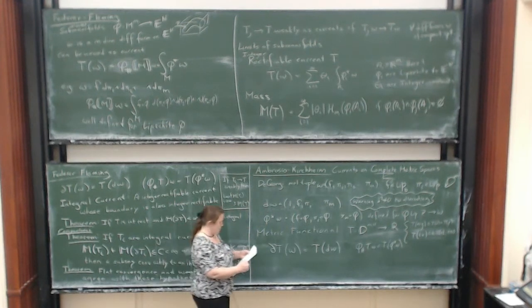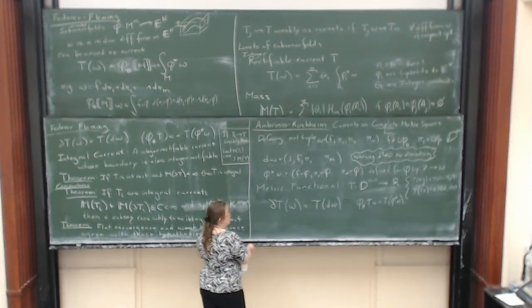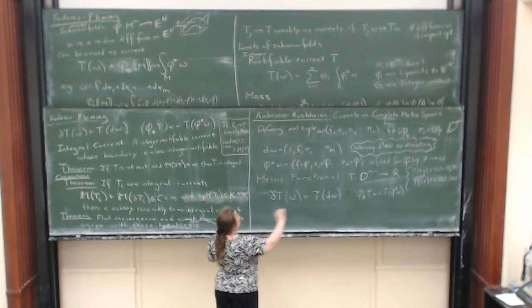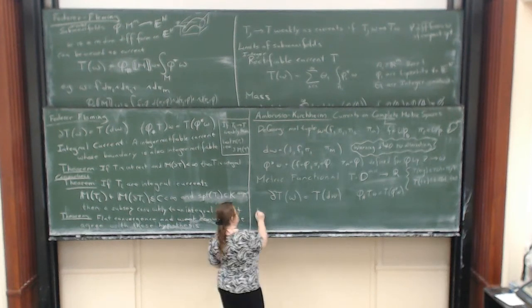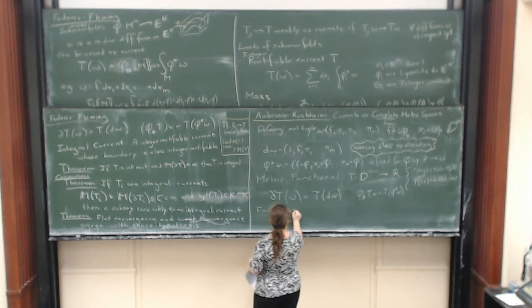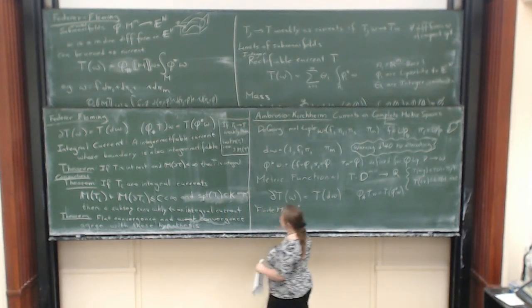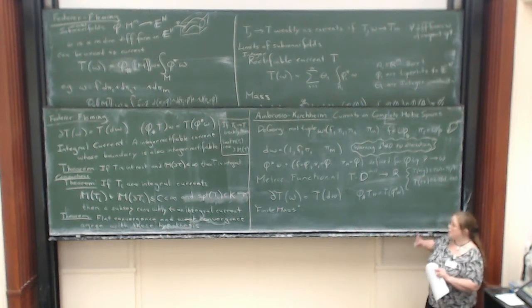And we get something called finite mass. This is a little more complicated. Okay, now we're going to leave the Georgi. This is 100% Ambrosio and Kirchheim, the notion of finite mass. I'm pretty sure, anyway. So before defining mass, they define what it means to have finite mass. They haven't defined mass for this T yet.